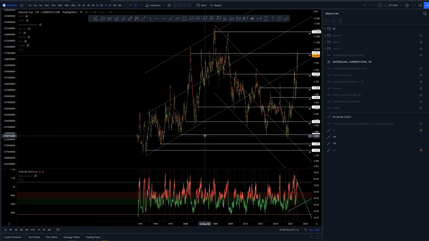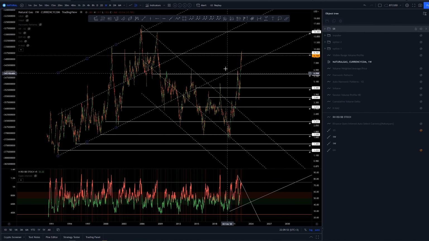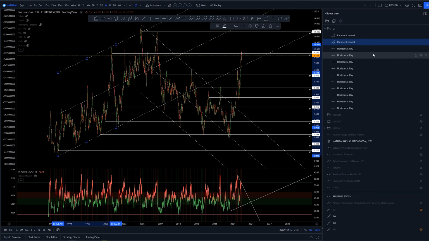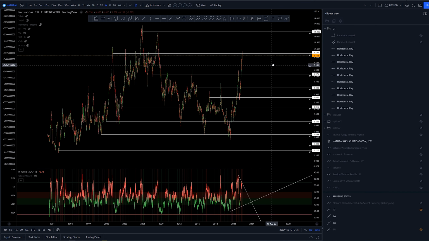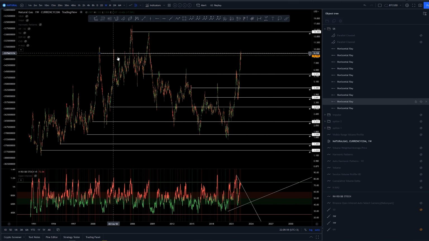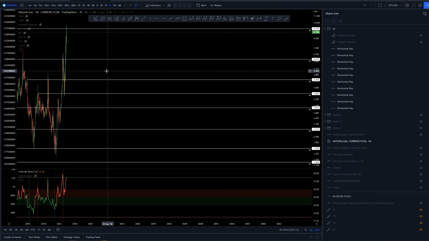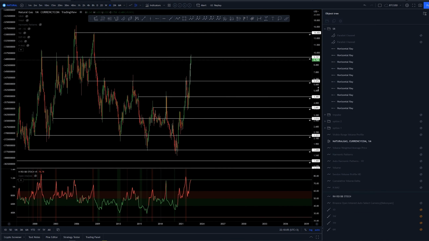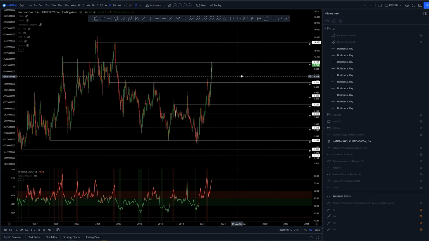Let's go back to weekly. Let's hide a couple of things so we don't need to look at them at the same time. Overall, we have these support and resistance lines on monthly that have been really good.